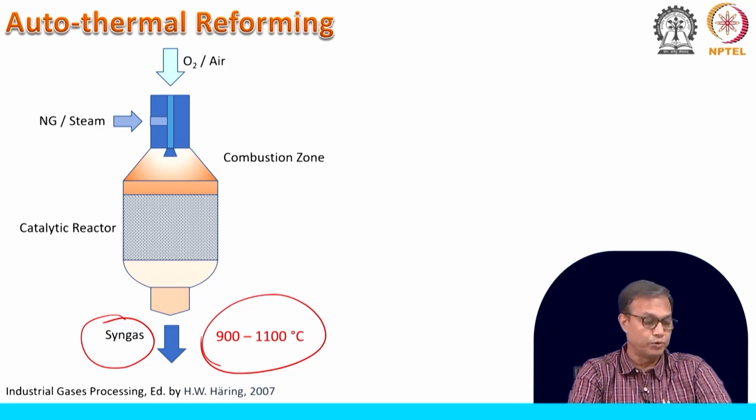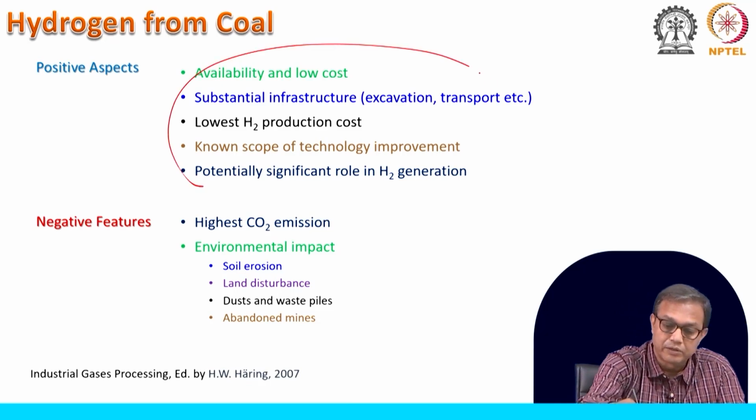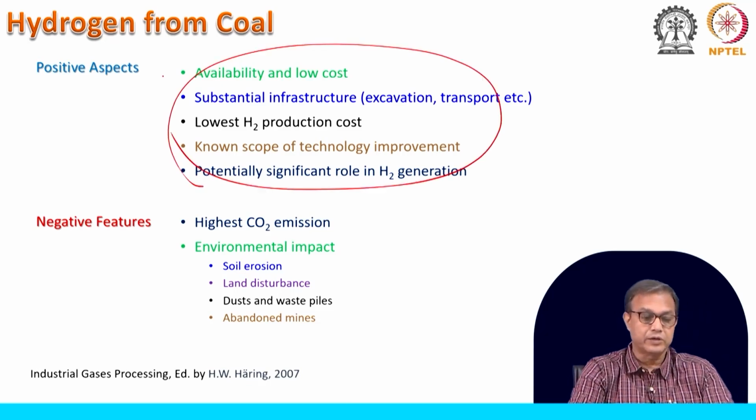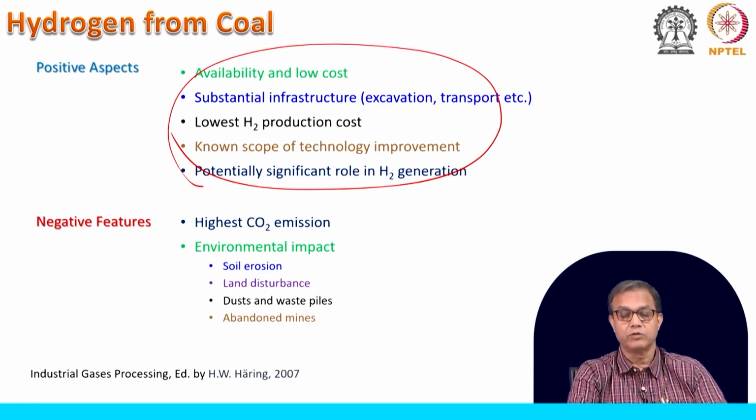For hydrogen generation from coal, we already talked in the first lecture about hydrogen production, and in that context we told that there are certain advantages: it is available at low cost and abundantly available. Of course, there are negative features like CO2 emissions.